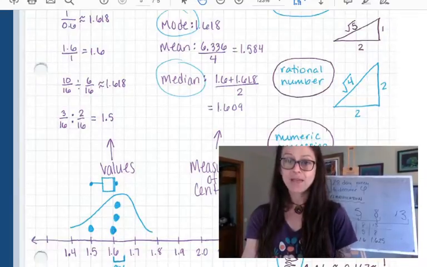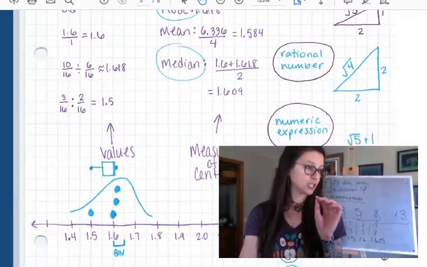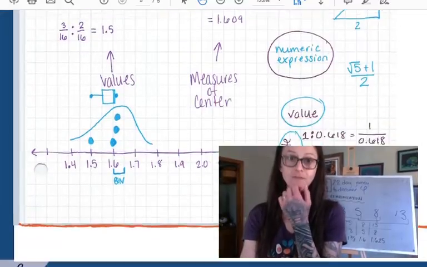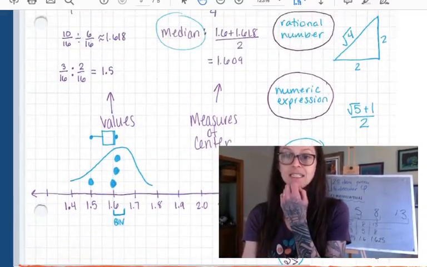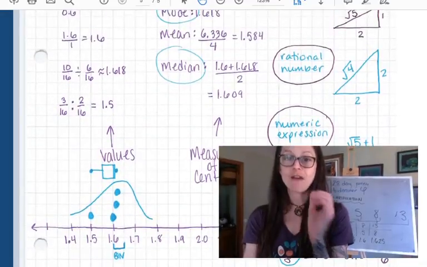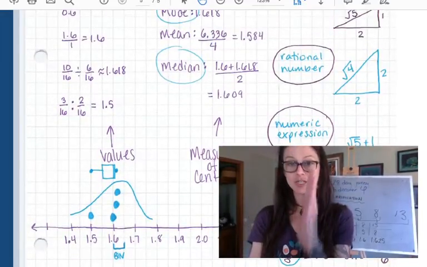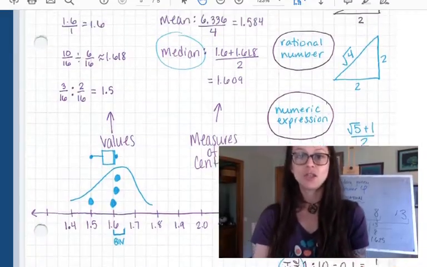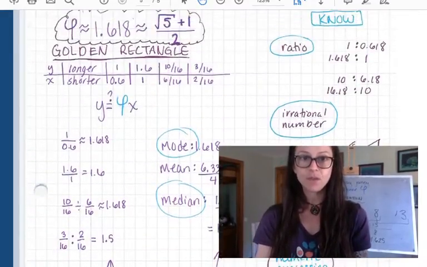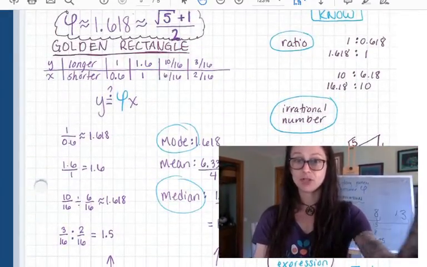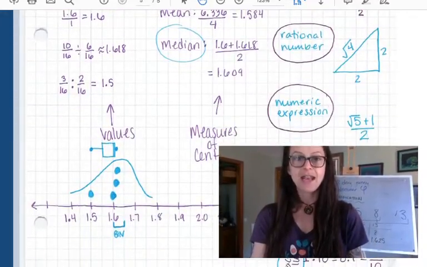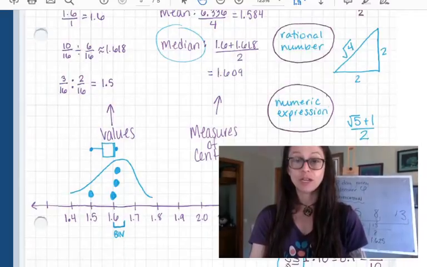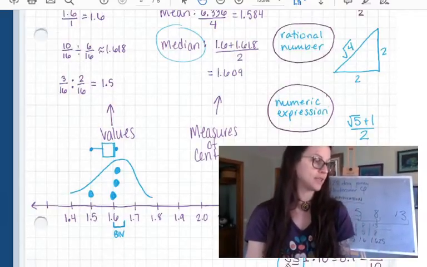So my true recommendation is to go ahead and plot the values you found on a number line and see if you think phi really measures the center of your data. In this case, this is the activity returning to the golden rectangle from the beginning of our session. I found the values of 4 ratios in my golden rectangle, and I plotted them on the number line.